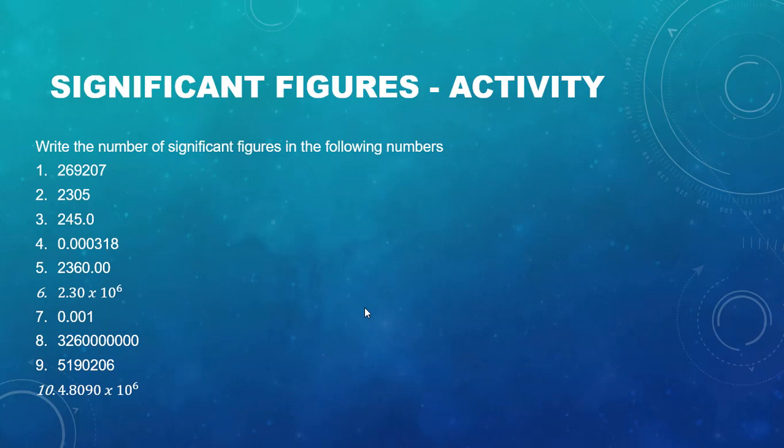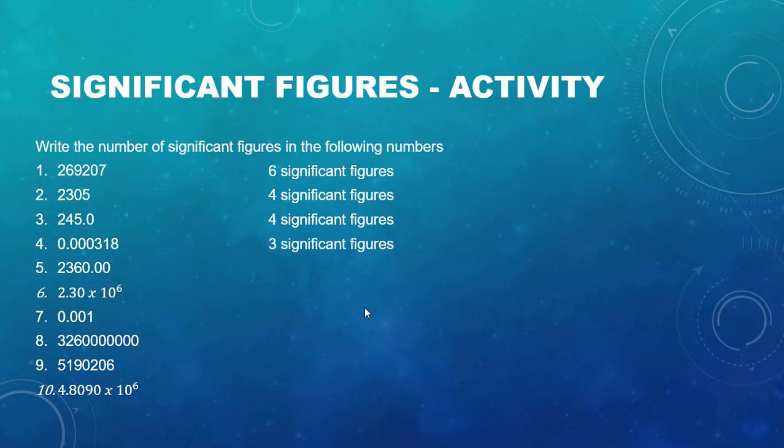Okay, so after you've tried them on your own, let's look at the answers here. For number 1, we have 6 significant figures. Number 2, we have 4 significant figures. Number 3 also has 4 significant figures. Number 4 now has 3 significant figures. Number 5 has 6 significant figures. Number 6 has 3 significant figures.